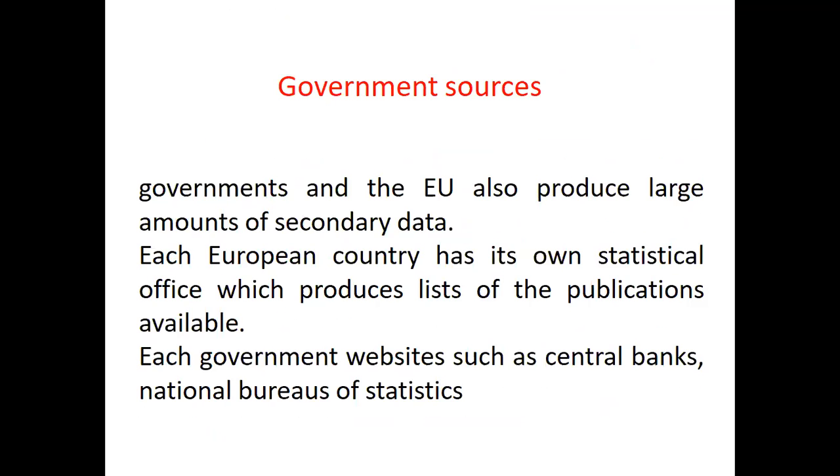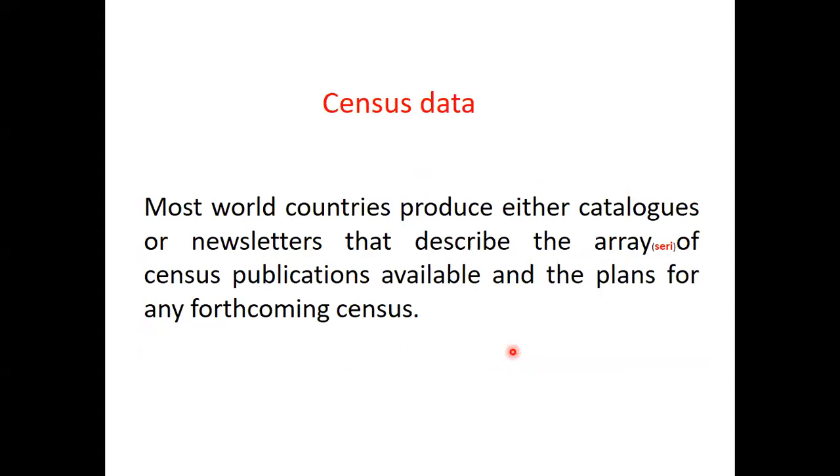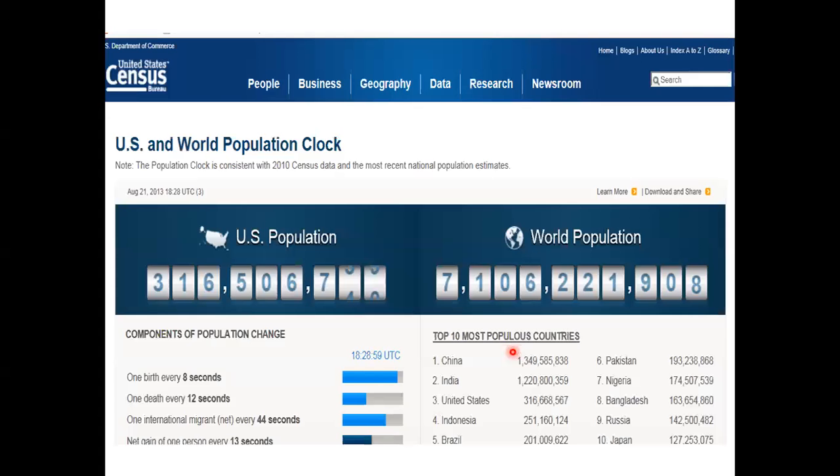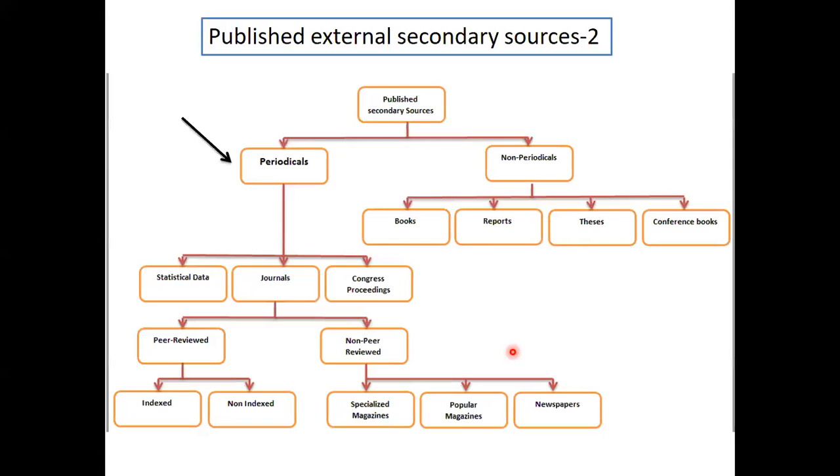And then governments and the European Union, for example, and other non-governmental organizations are also providing data, like the UN, IMF, etc. They have all the data. So these are census data, etc. It's just an expansion of what we've been discussing.